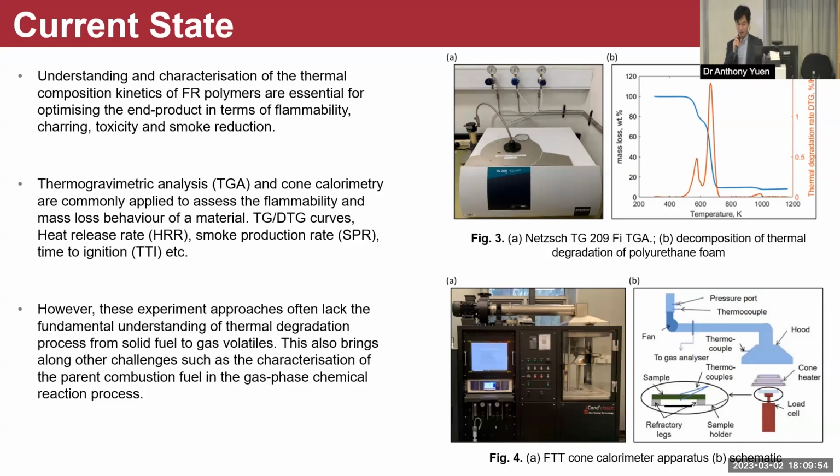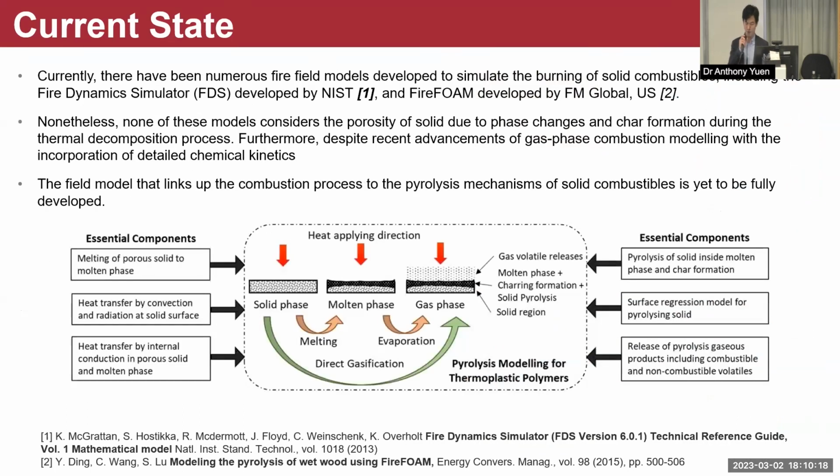Not only that, you can look into a combustible and flaming environment via the cone calorimeter. These are the two benchtop tests that people commonly use to study the flammability and thermal stability of any polymer materials.